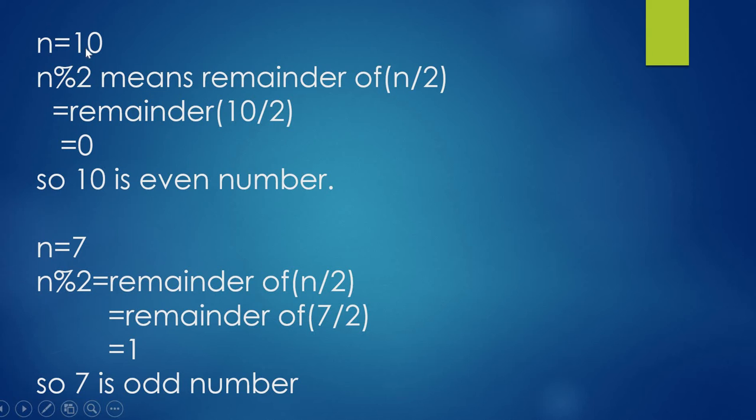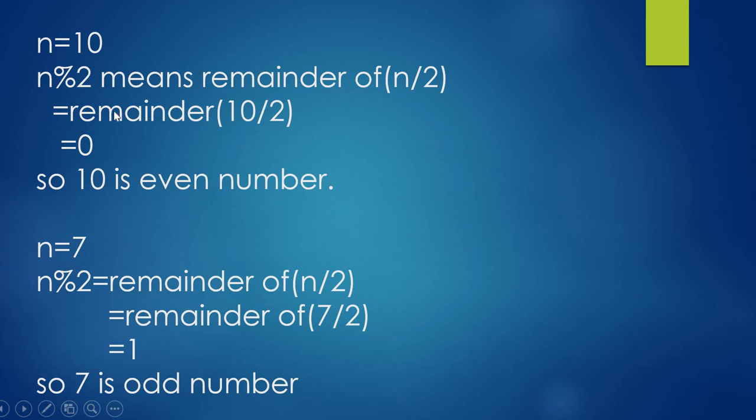Suppose we need to find the remainder when we divide 10 by 2. How to find that? We can write n mod 2, which means the remainder of n divided by 2. This is the meaning of n mod 2.